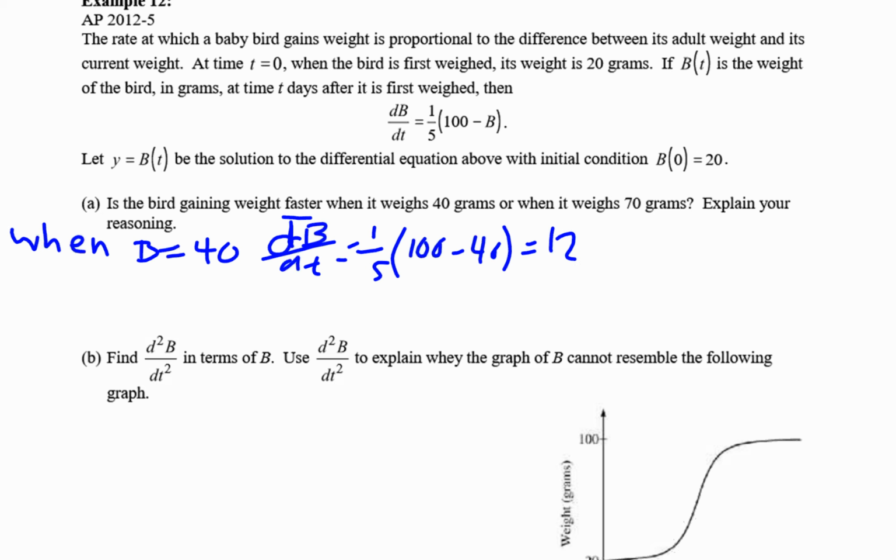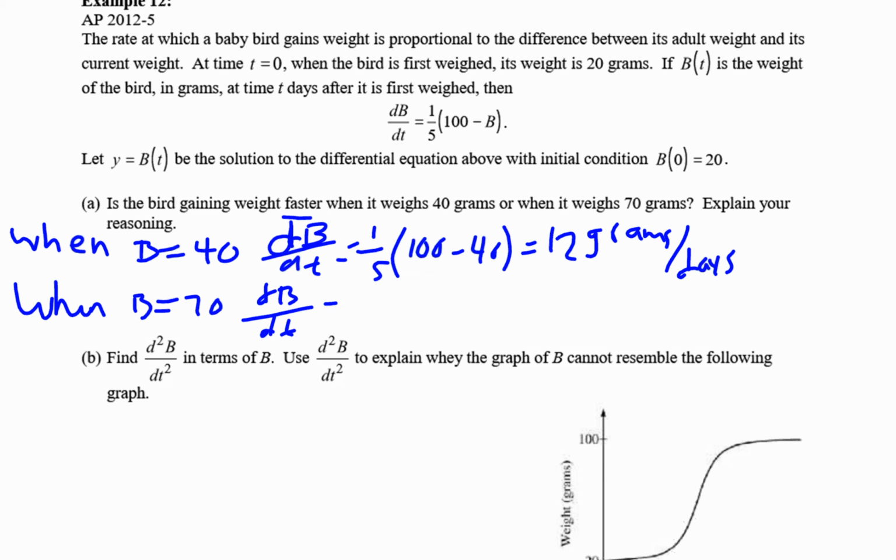B is in grams and t is in days. And then when B equals 70, dB over dt equals 1/5 of 100 minus 70. 30 divided by 5 would be 6 grams per day.